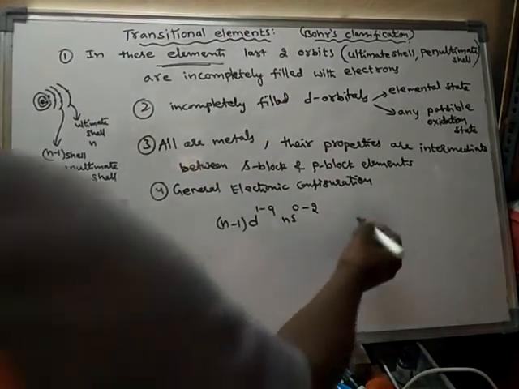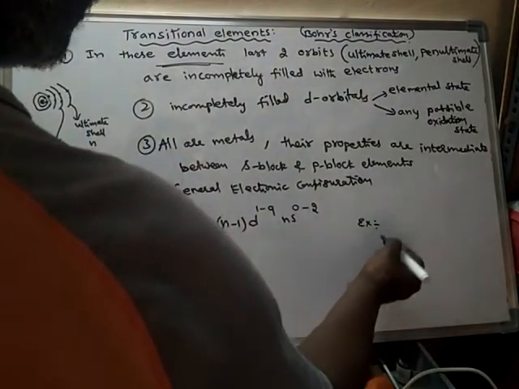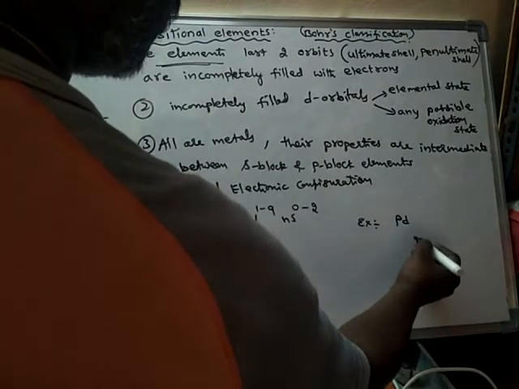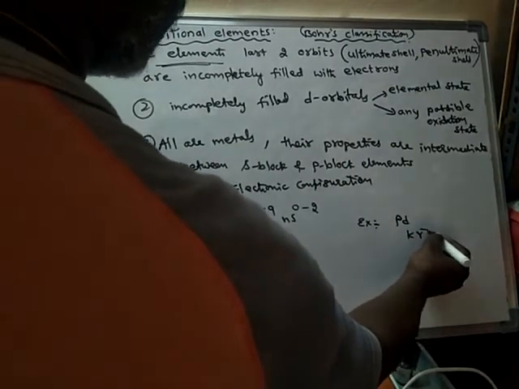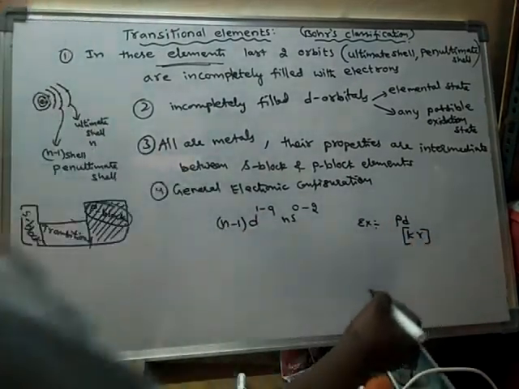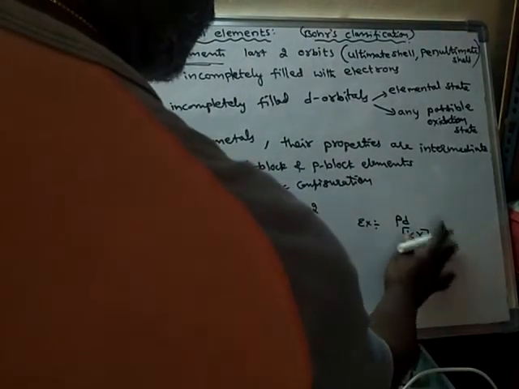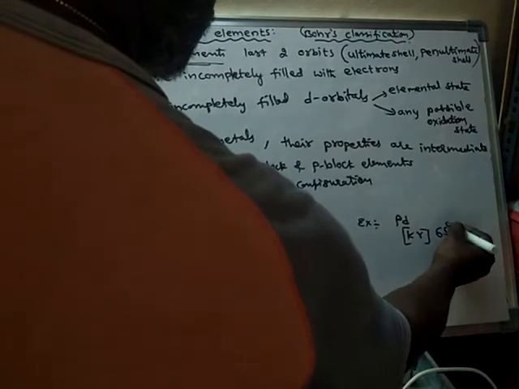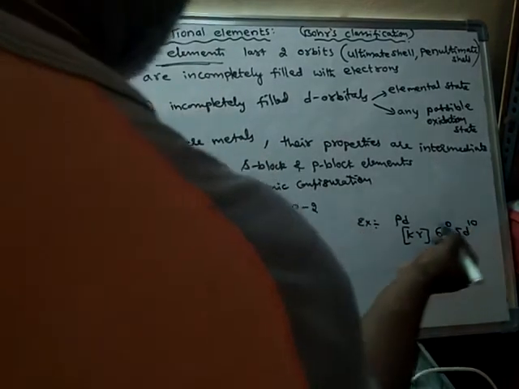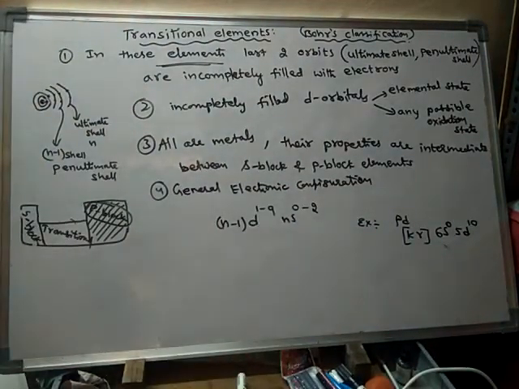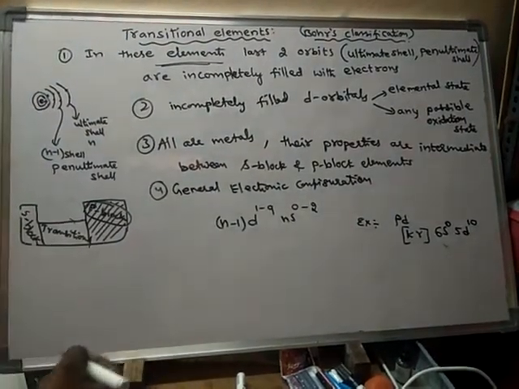For example, if I take palladium, its configuration is krypton 5d10, 6s0.